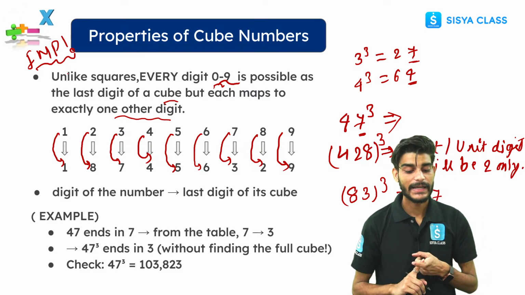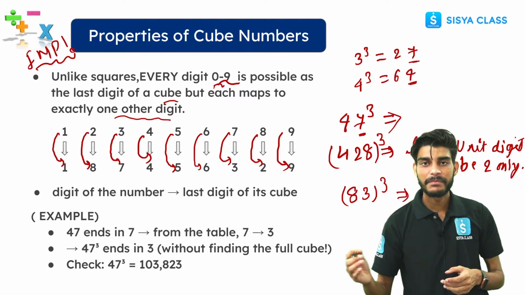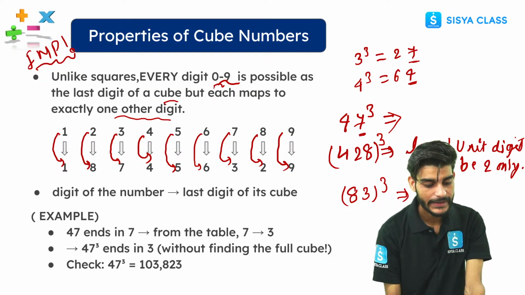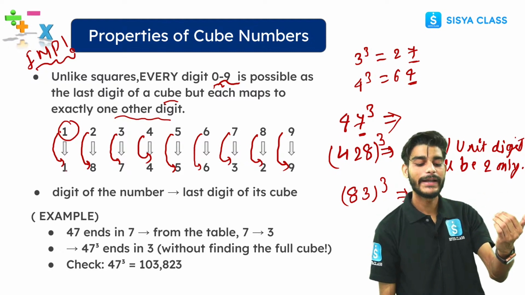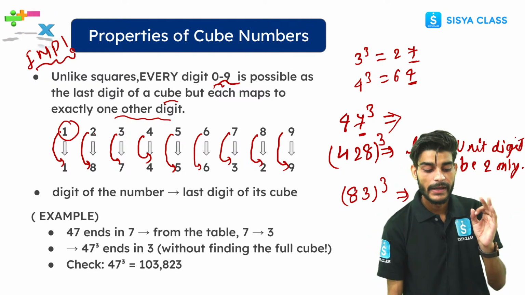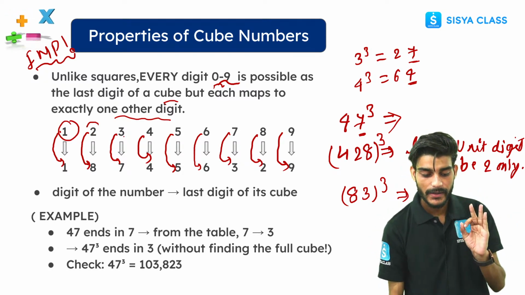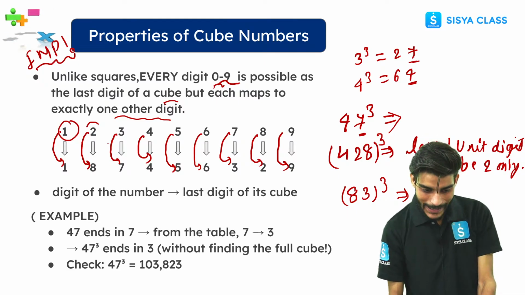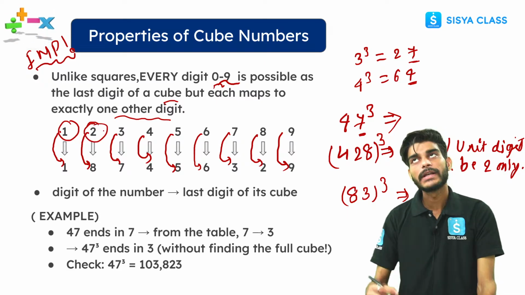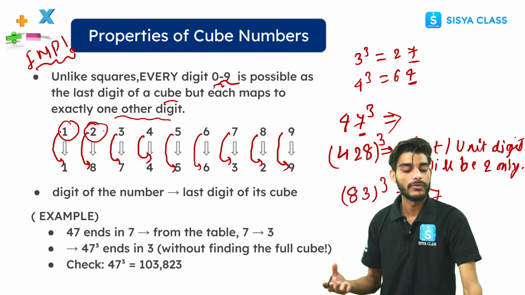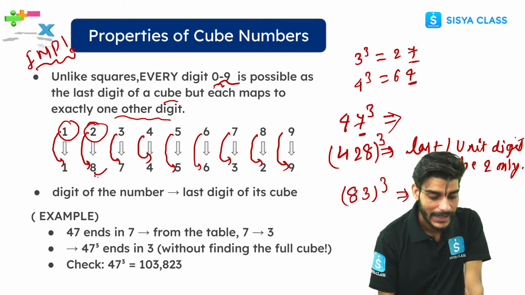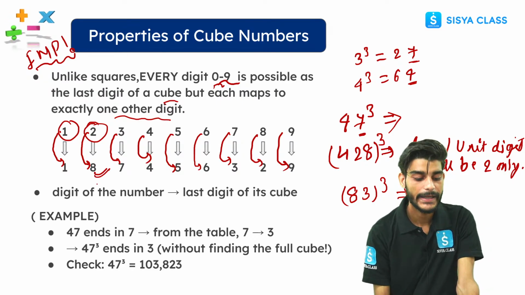So properties of cube numbers. The property says that every digit maps to some specific digit. Suppose a number ends with 1, so its cube will also end with 1. A number that ends with 2, for example 82, its cube will definitely end with 8.